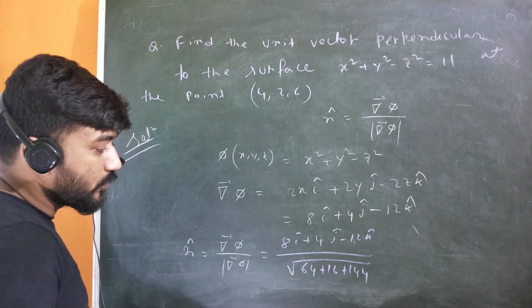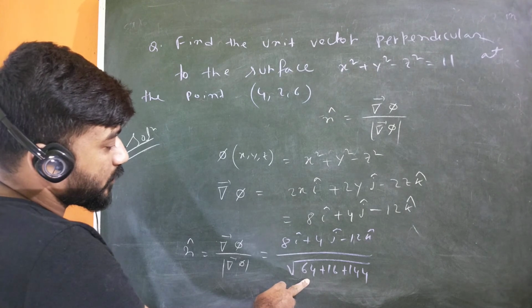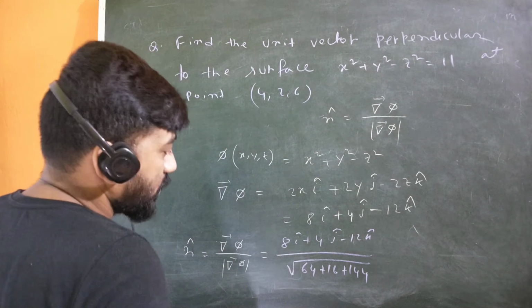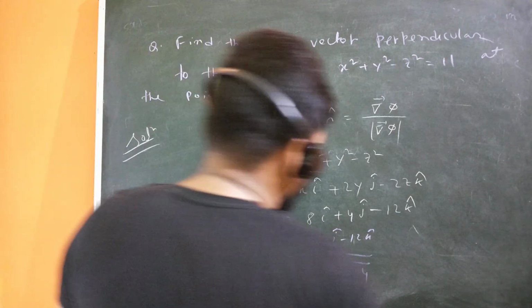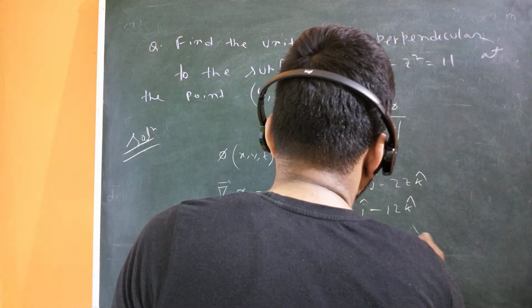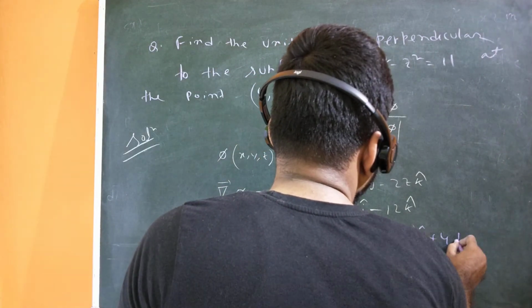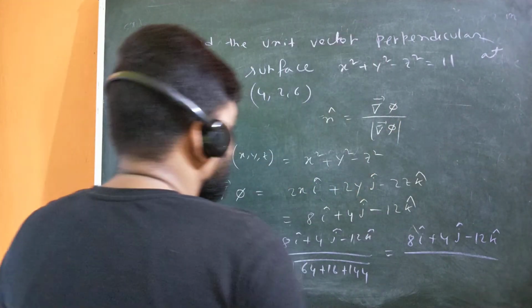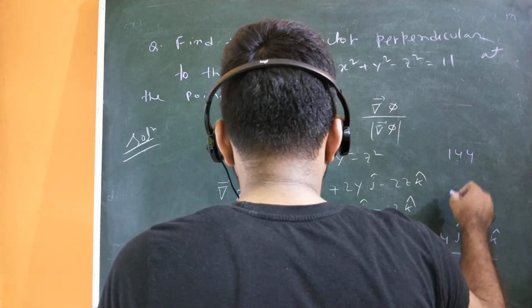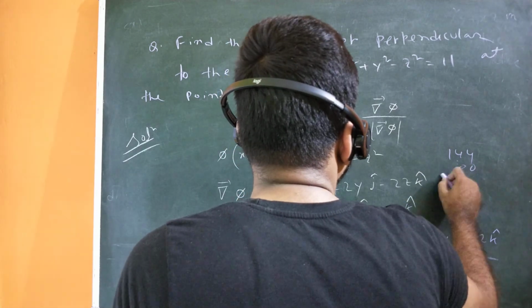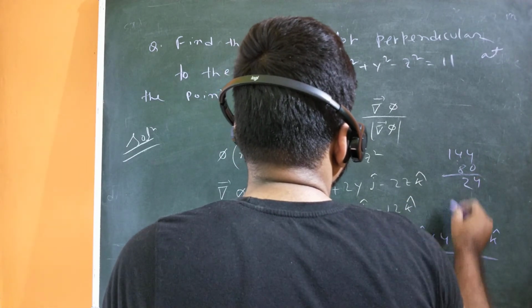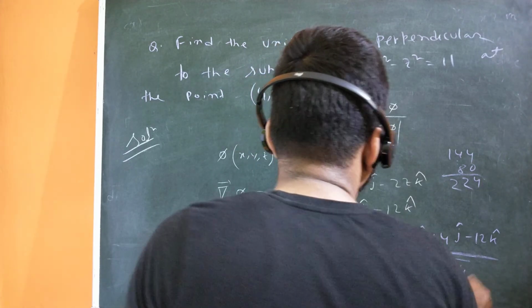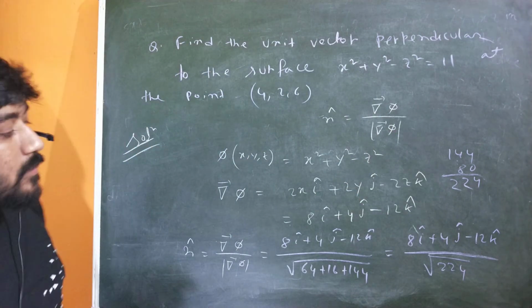No, 16 plus 64 is 80, plus 144 is 224. So it will be 8 i cap plus 4 j cap minus 12 k cap divided by root 224. So you can calculate this easily.